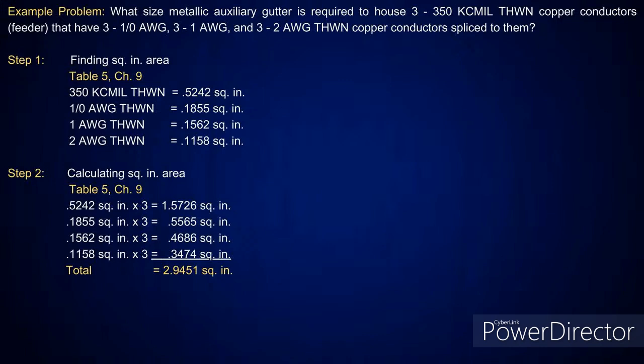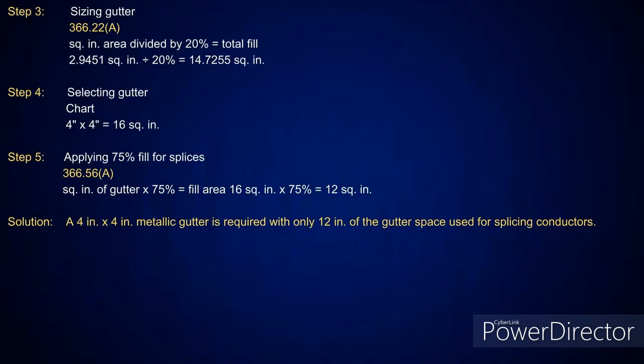Now, the thing I want to point out, just like I did for the raceway, I did for a nipple, I had to go get all the square inches and just add up what was there. I'm still using the same sections here. Then I'm going to determine, since it's an auxiliary gutter, I need to determine based on 20% fill here what I'm going to need. And you're going to look at 366.22(A) to get this information.